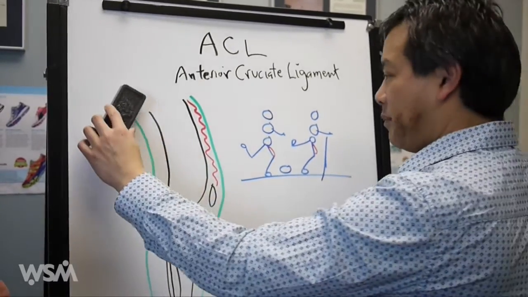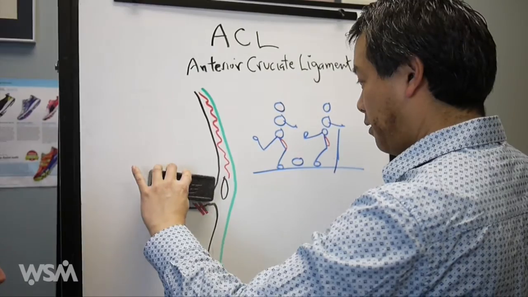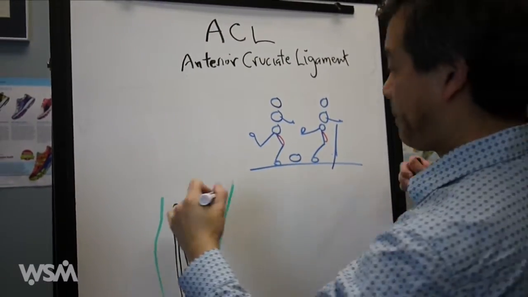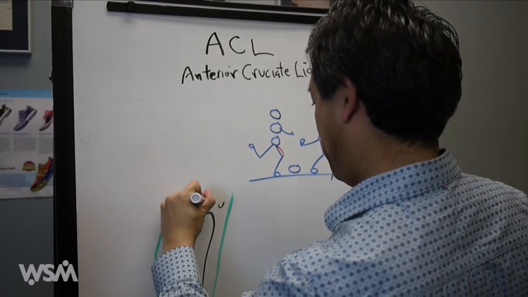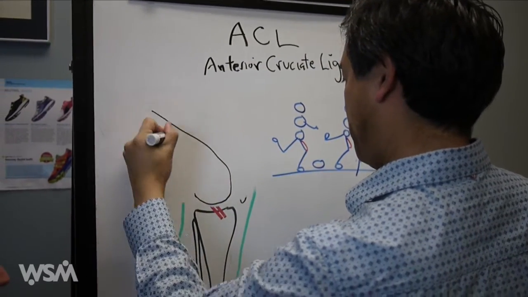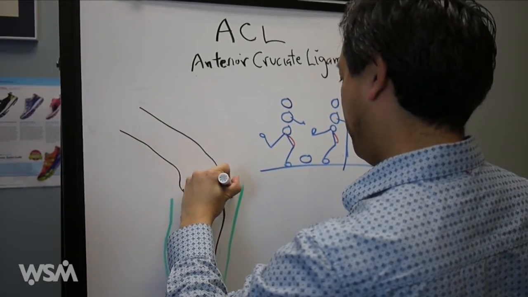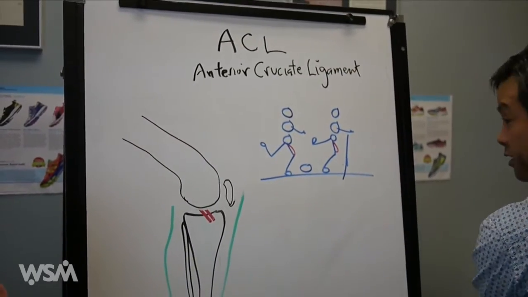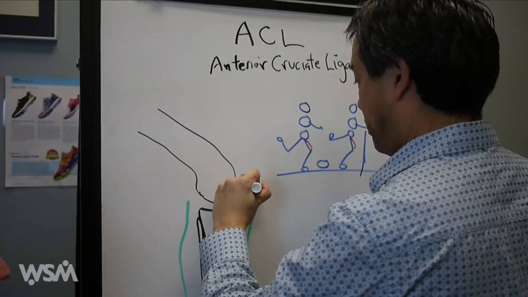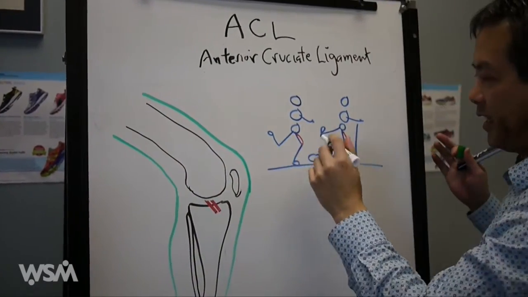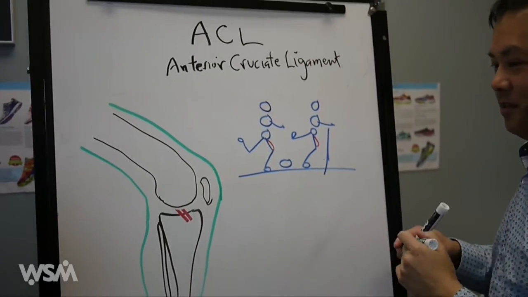So let me redraw this part of the diagram here, if I can. In that power position, you called it, right? That athletic, that ready position. So here we have an athlete with their knee in that nice knee bent ready position.